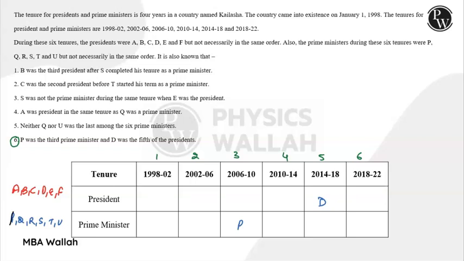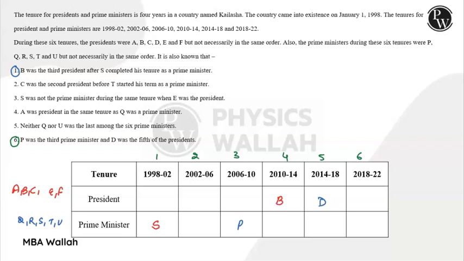Now next we are given in statement 1 that B was the third president after S completed his tenure. So if S is the first prime minister, then third after will be the fourth: 1 plus 3, that is 4.